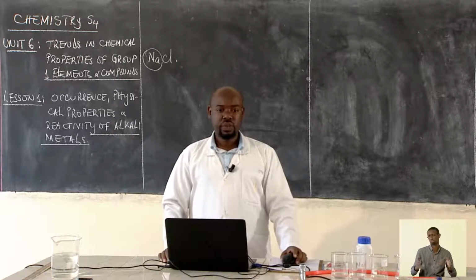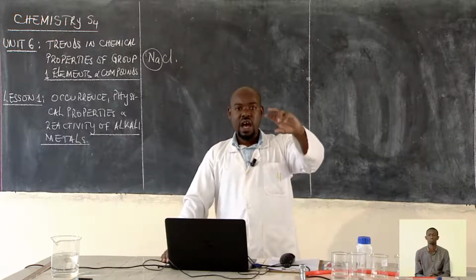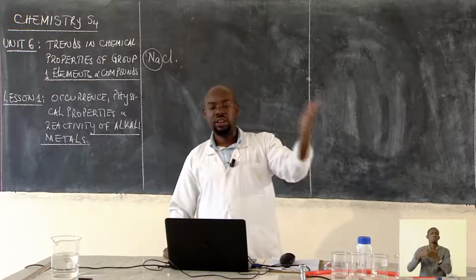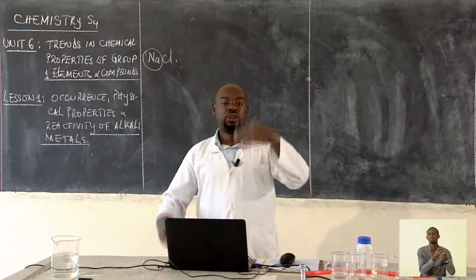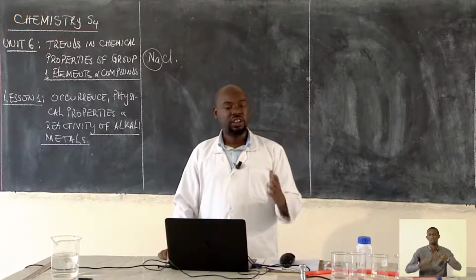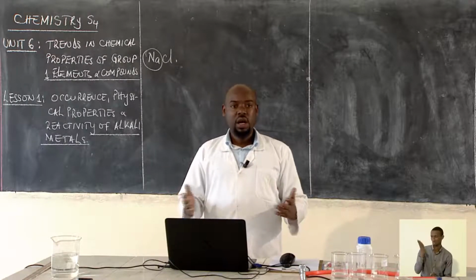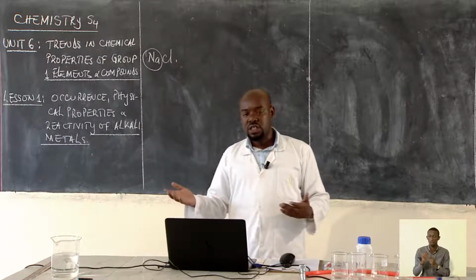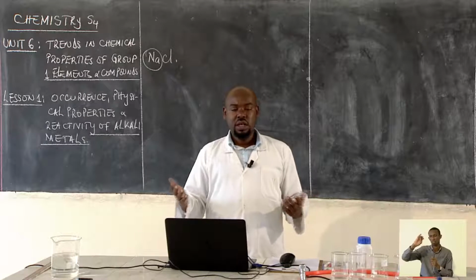So, as the size of the atom increases moving down the group, this will influence most of the physical properties of these elements, like the melting point, the ionization energy, electronegativity, metallic character, electron affinity.